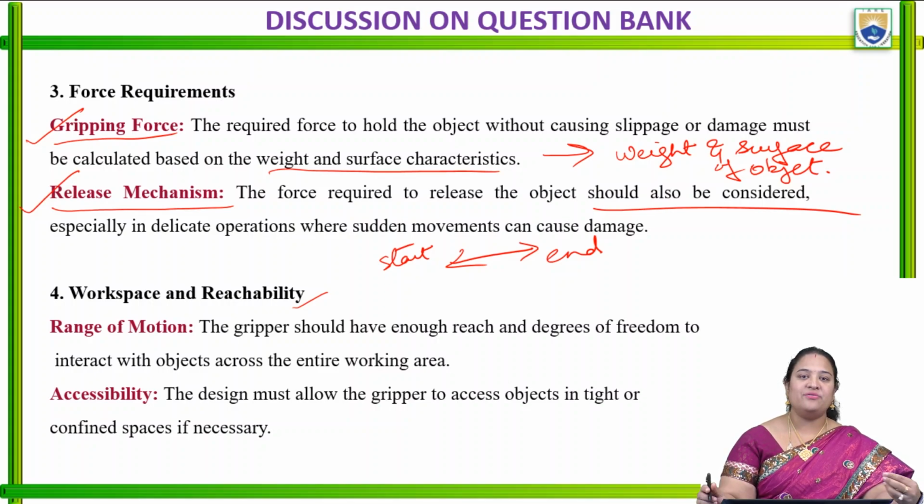No. When we are designing the robot, we have to consider the degree of freedom, degree of movement of the robot's end effector, so that the work whatever has been assigned to the robot will be completed with good efficiency and accuracy. If that particular robot's end effector is not having a proper degree of freedom, then it cannot move the object from one place to the other with a good efficiency or a good accuracy.